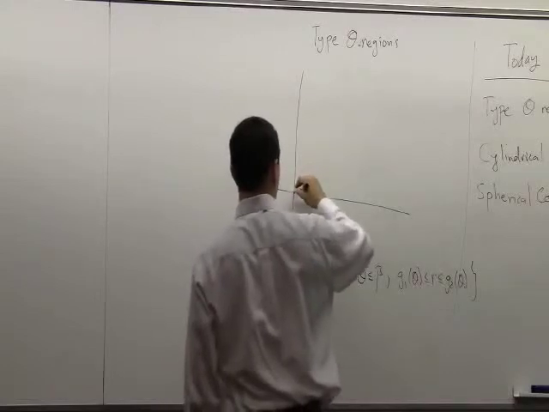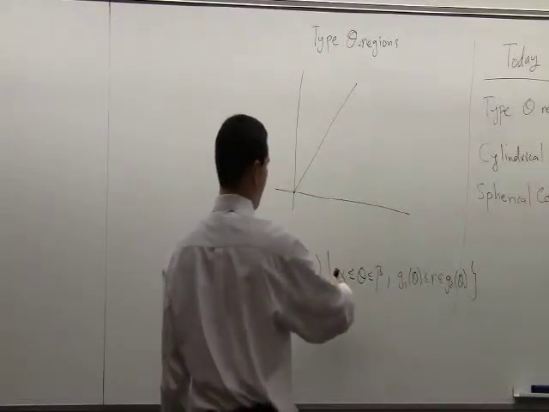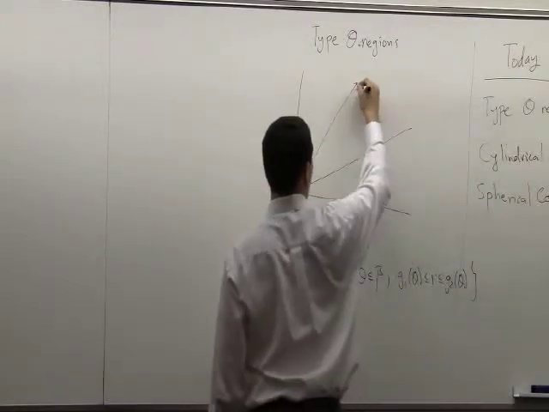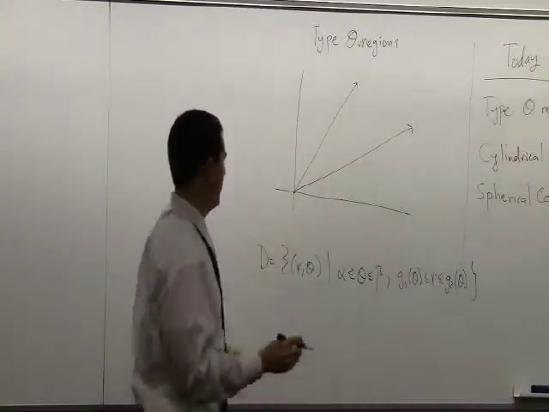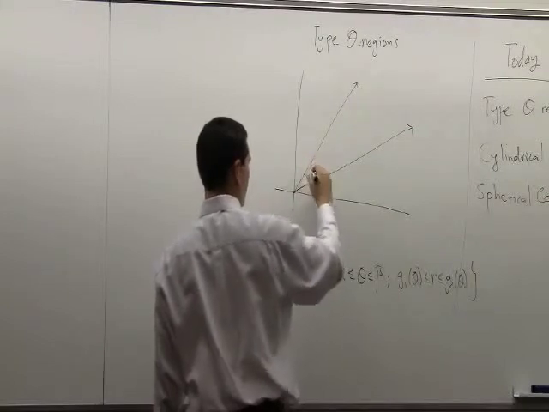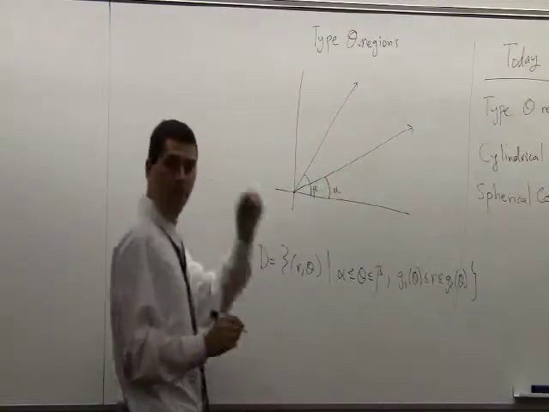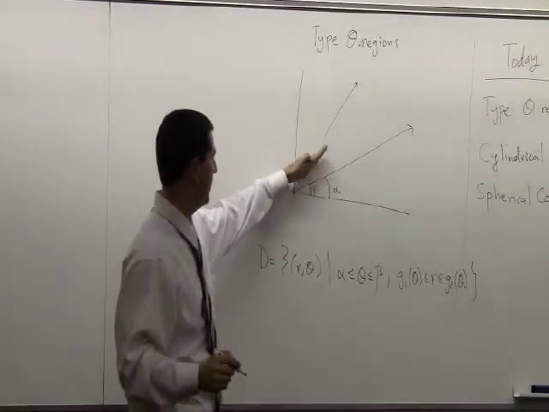So what is this going to look like? Well, let's draw a ray out at angle alpha and another ray at angle beta. Actually, since beta is bigger, the first one should be beta. So this whole thing is beta, and this little thing is alpha. So the region is going to go between alpha and beta.